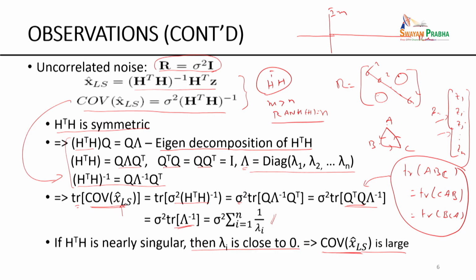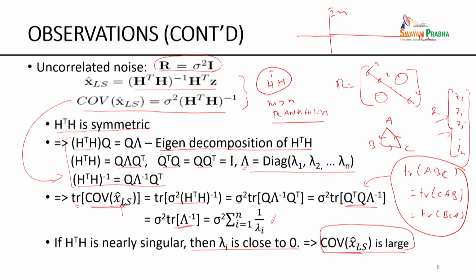In the statistical case, I am computing the total variance, which is the sum of the variances of the estimates of all the components of the least square estimate x hat LS. The covariance could be large. If the covariance estimate is large, we know it is not efficient.